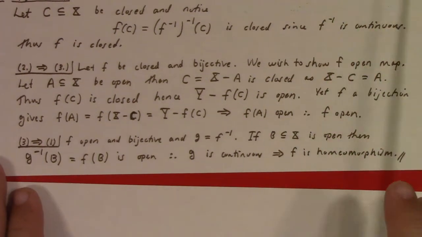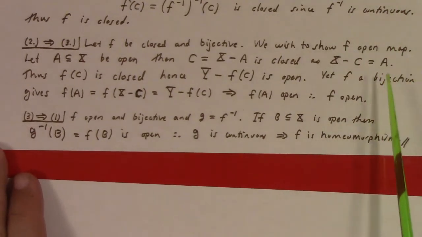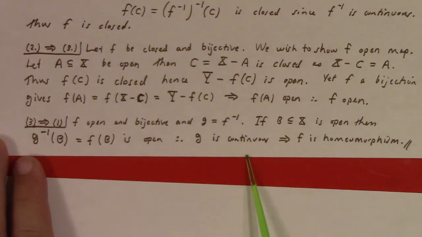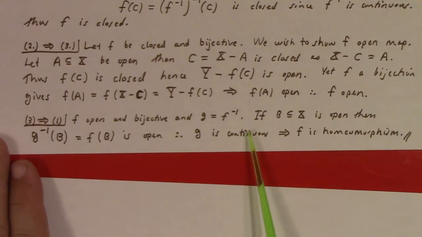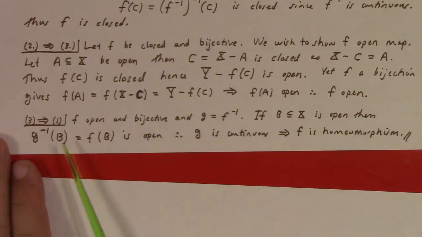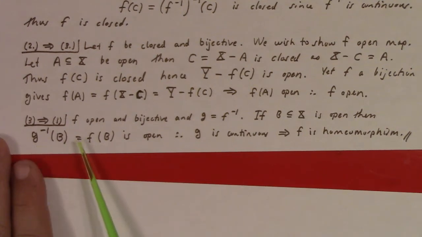Suppose F is open and bijective, and let's set G equal to the inverse of F, okay? So if B is a subset of X that is open, then G inverse of B is F of B because the inverse of the inverse is the function again, right?